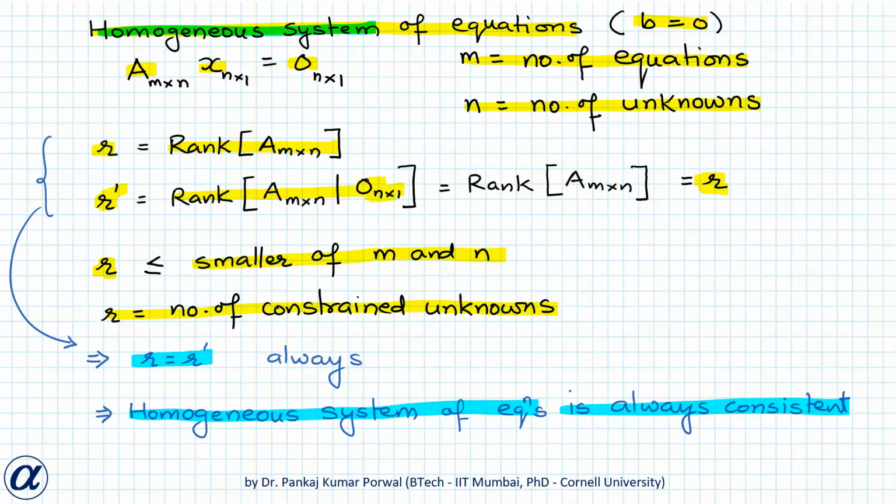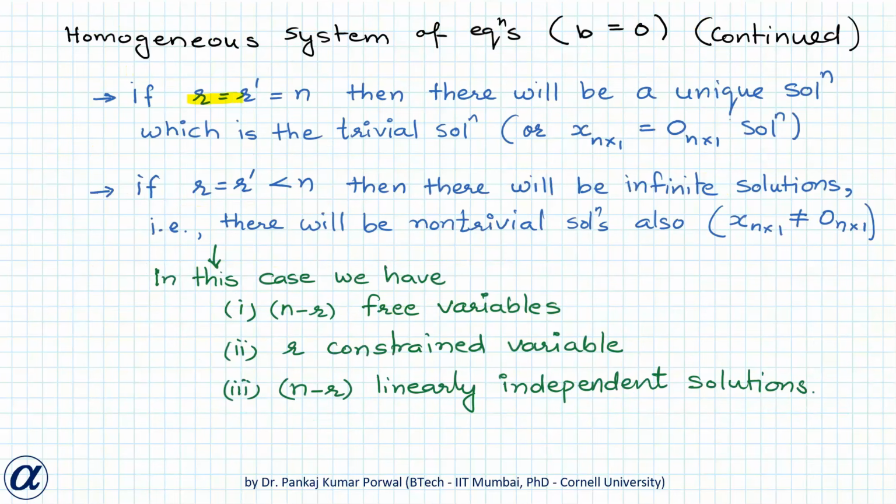So if the rank of the coefficient matrix is equal to n, the number of unknowns, then there will be a unique solution, and this unique solution will be the trivial solution, that is the values of all the unknowns will be 0. Now if the rank is less than n, there will be infinite solutions for our system of equations, and there will be non-trivial solutions also.